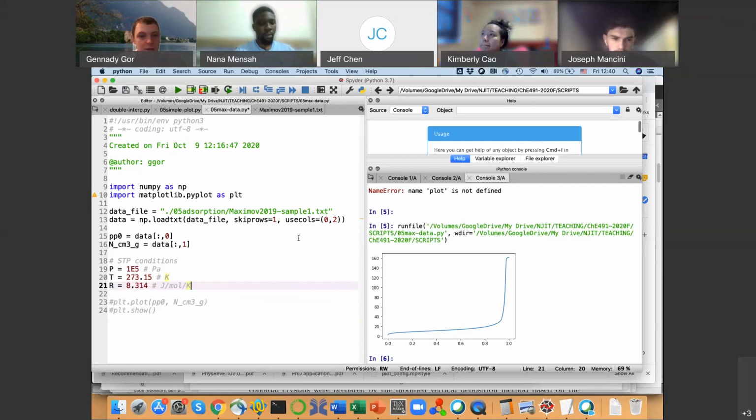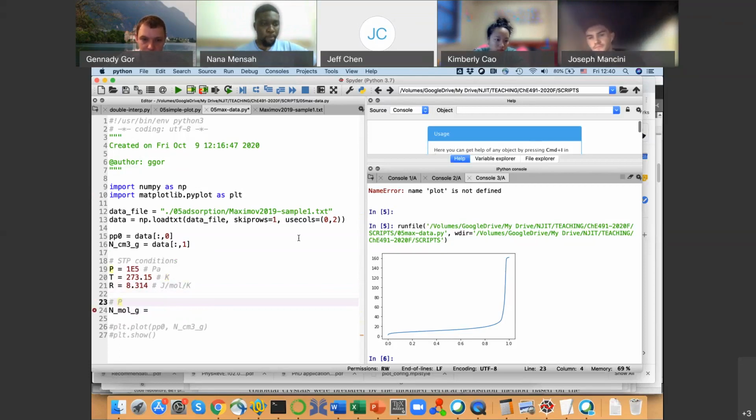So the first thing I want to do is say N in mole per gram would be, and let me write it as a comment here. I want to have P times V equals N, number of moles, times R times T. So I'm expressing my N from the ideal gas equation of state.